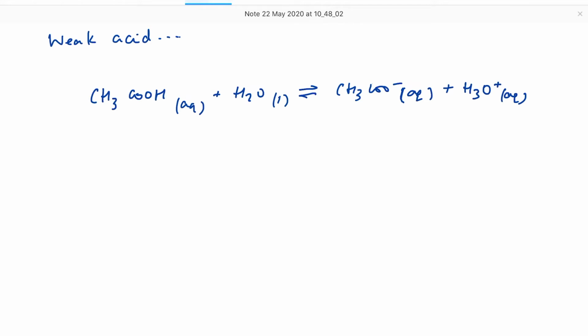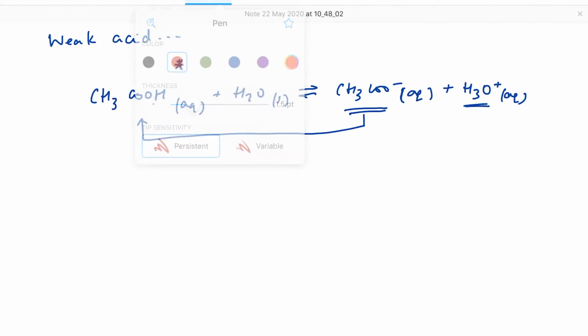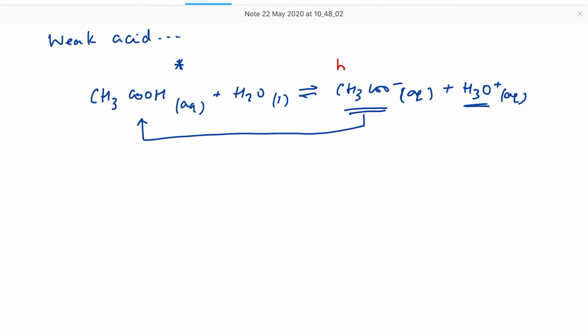If the equilibrium for a weak acid in water lies very strongly to the left, then that implies that this ion here, the ethanoate ion, is going to readily be able to accept a proton from the oxonium ion and move back to being ethanoic acid. In which case, the ethanoate ion is behaving as a base because it is accepting a proton from H3O+.